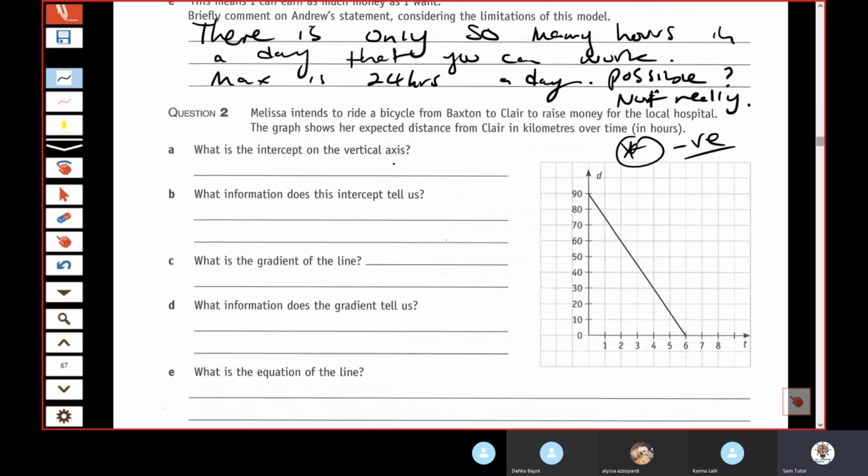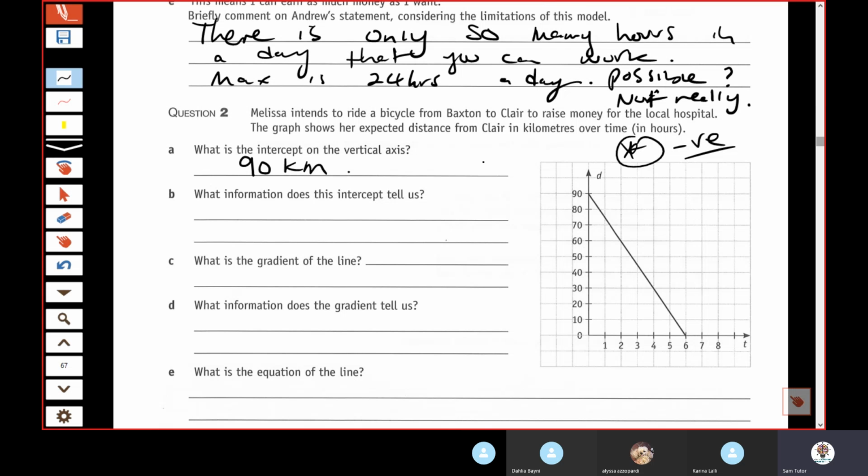What is the intercept on the vertical axis? 90 kilometers, pretty much, right? That means from Baxton to get to Clare, that distance is 90 kilometers. What information does this intercept tell us? You can't just say it's a fixed cost of 90.